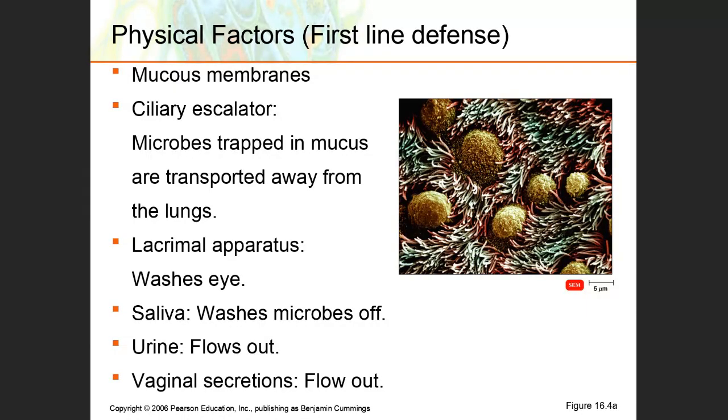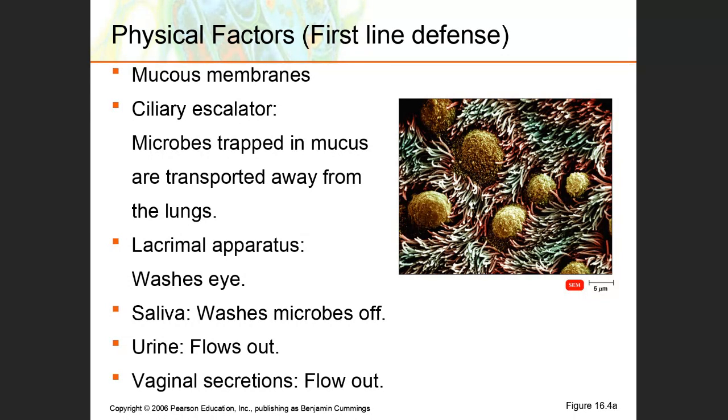Saliva helps to wash microorganisms off your teeth. And people who, for whatever reason, maybe chemotherapy or radiation for oral cancer, cannot produce any saliva anymore, suffer from really bad tooth decay and gum disease. So saliva is actually very important for helping keep your teeth clean.